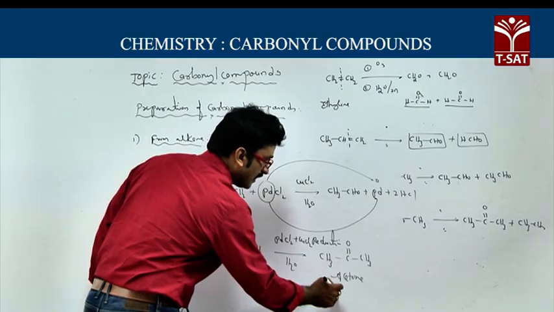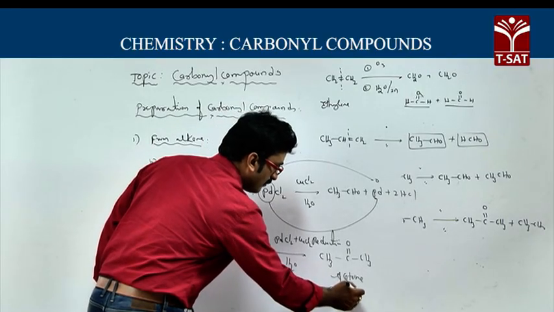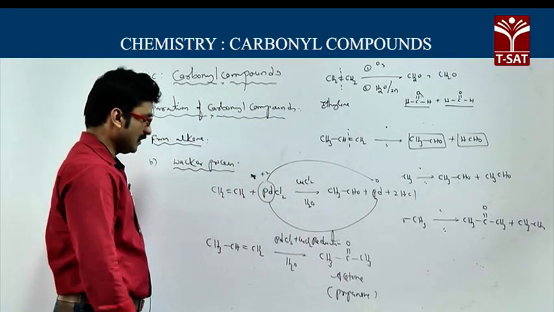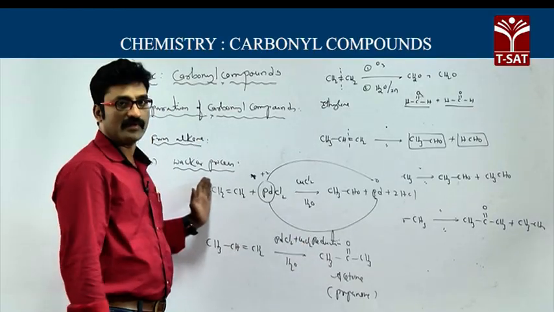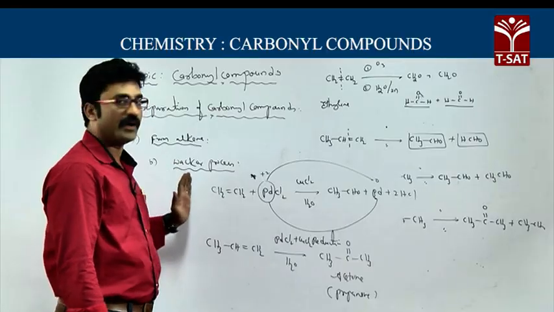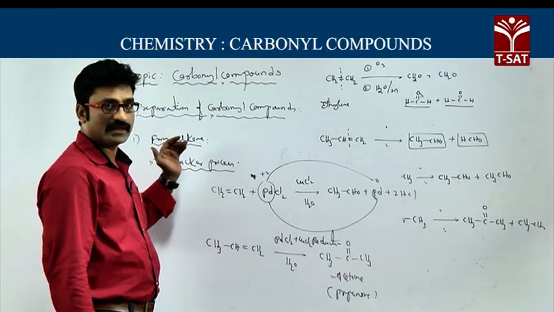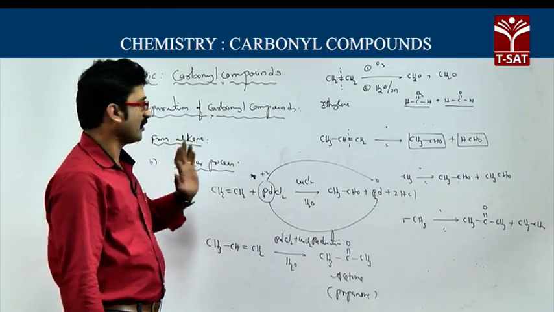Its IUPAC name is propanone. So aldehydes and ketones can be prepared from alkenes by using Wacker's process. The first one is ozonolysis and the second one is the Wacker process.